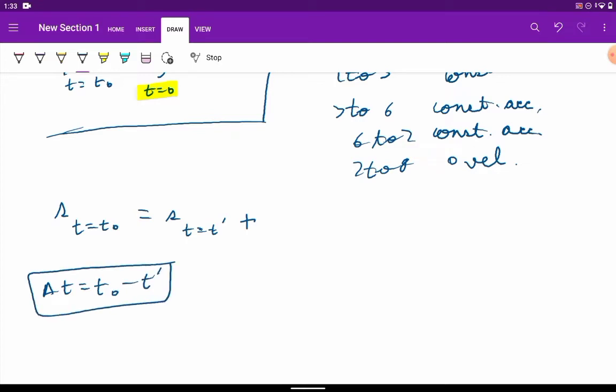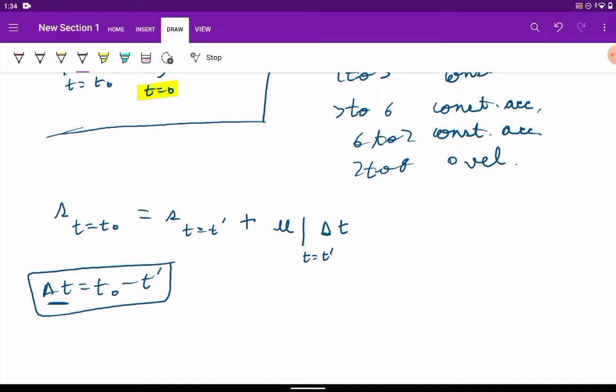So s at t equal to t naught is equal to s at t equal to t dash plus u at t equal to t dash, it's not a function exactly, into delta t, because I'm basically applying ut plus half at square, right? So for this delta t, basically we need to find out what is the distance.